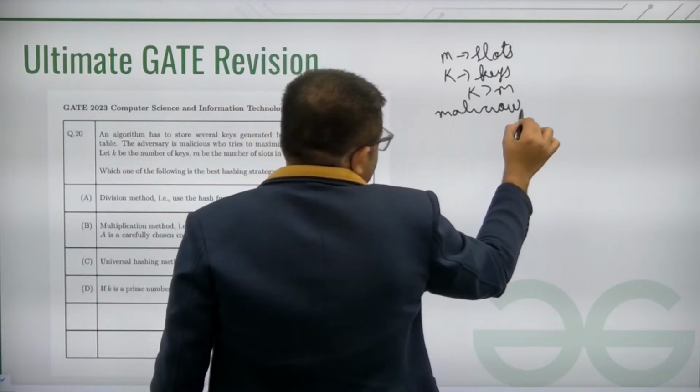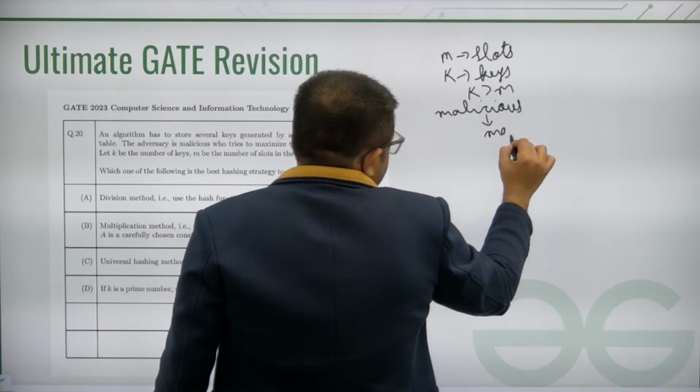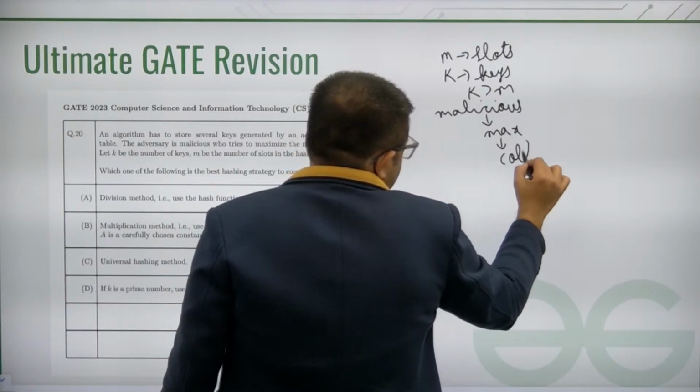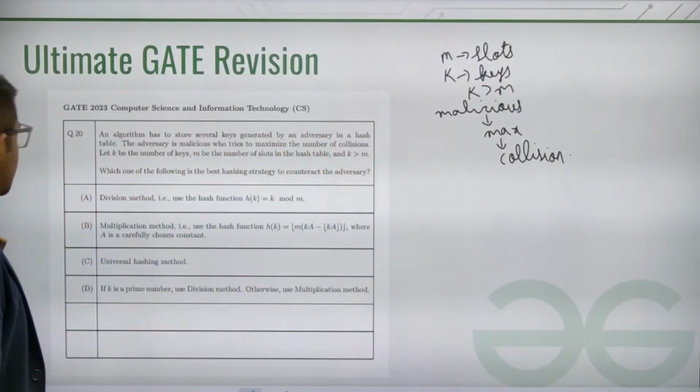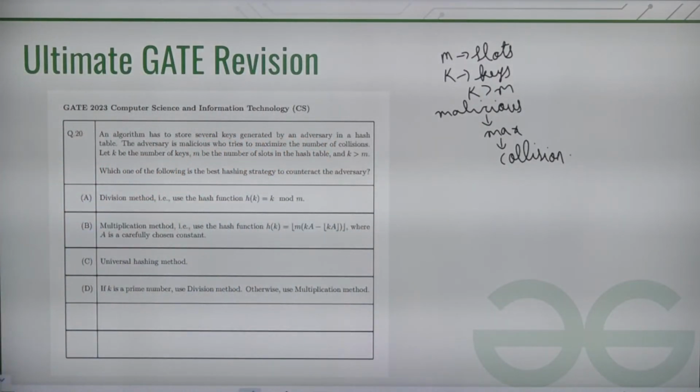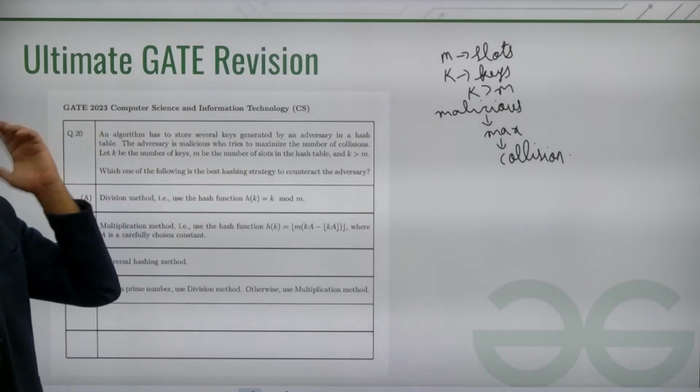So he will try to maximize the collisions. Which one of the following is the best hashing strategy to counterattack the adversary?